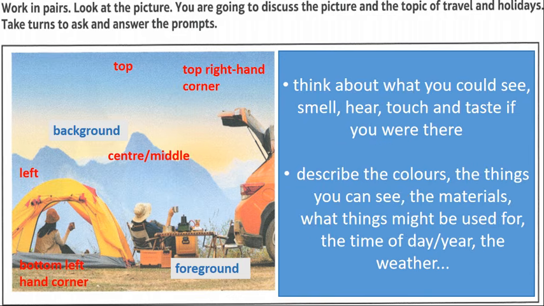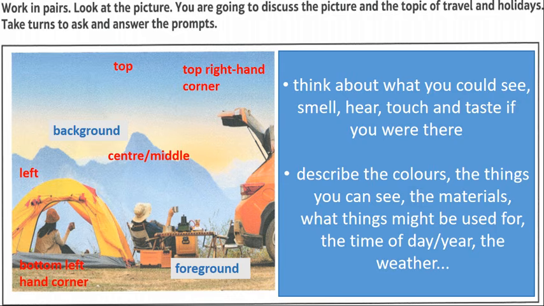When you're preparing your speech, writing notes to talk about, imagine you are there and think about what you could see, smell, hear, touch and taste if you were there. Describe the colours, what you can see, the materials things are made of, and what things might be used for. Think about the time of day or the time of year and describe the weather.